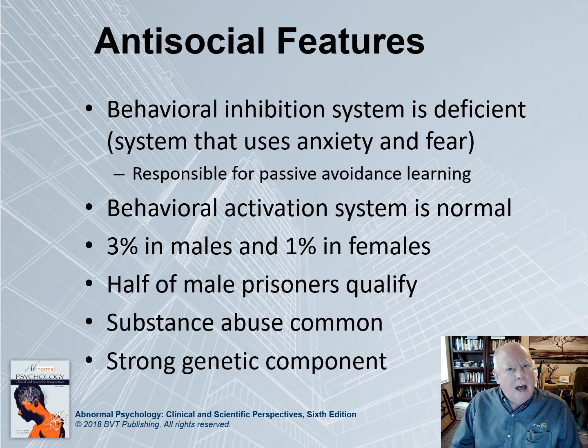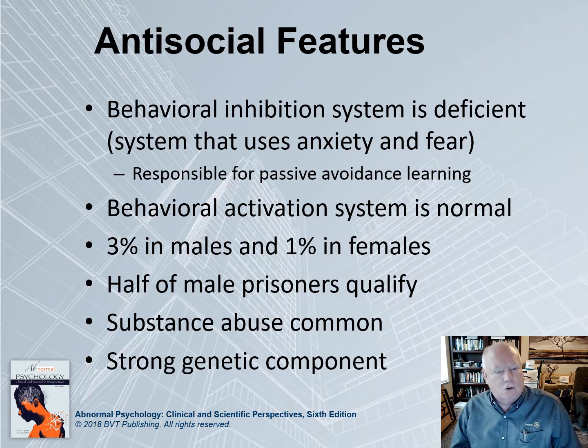But only about half of prisoners qualify for the diagnosis of psychopathy or antisocial personality disorders. Substance abuse is very common, largely because they are self-medicating and because they tend to be impulsive. There's a strong genetic component here, but it interacts with environment.